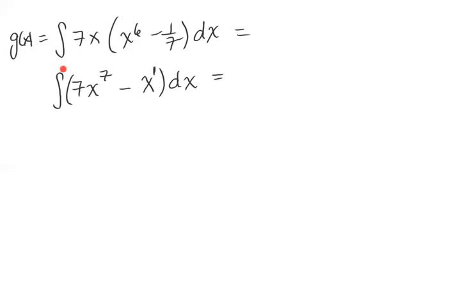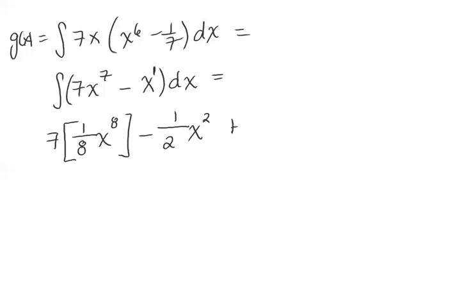I'm going to apply my rules of antidifferentiation. Therefore, I am not going to write this integration symbol anymore. This is equal to the constant 7 times x raised to the 7 plus 1 power, which is 8, times 1 over 7 plus 1, which is 8, minus x to the 1 plus 1 power, which is 2, times 1 over 1 plus 1, which is 2.